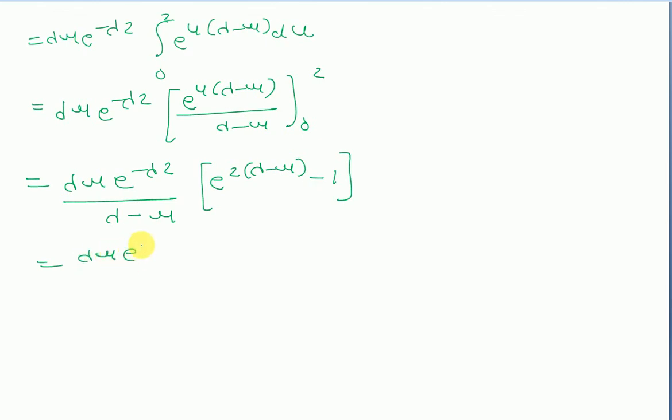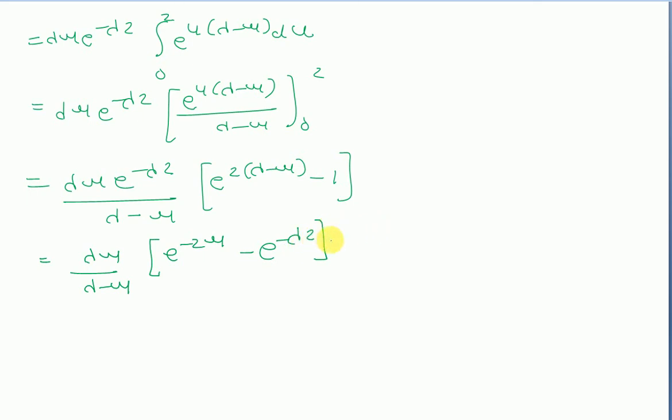Then lambda mu e raised to power minus lambda z upon lambda minus mu, multiplied by e raised to power z lambda minus mu minus 1. When e raised to power minus lambda z is multiplied by this term, we will get e raised to power minus z mu, and here e raised to power minus lambda z.